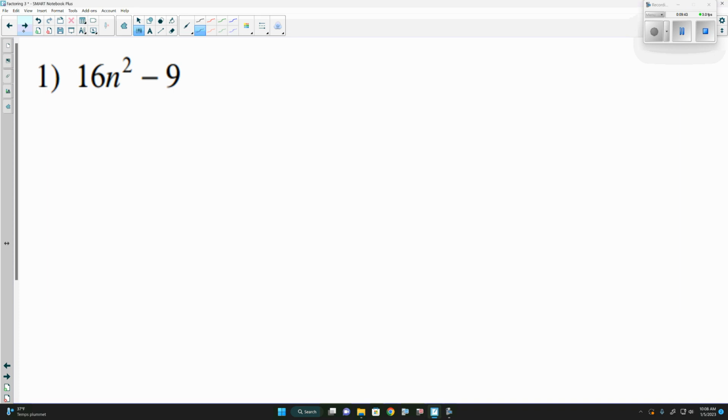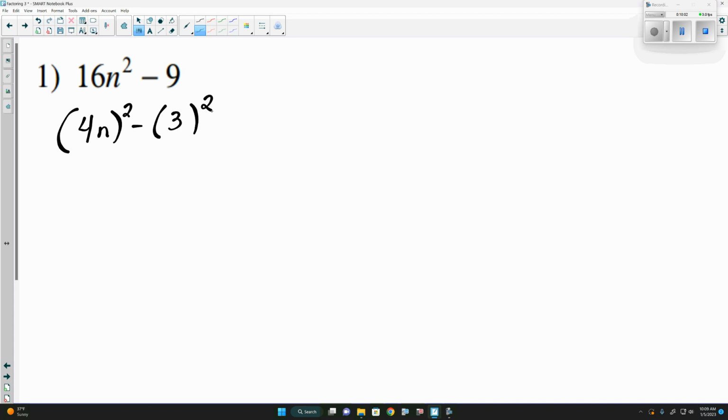16n squared minus 9. Is 16n squared a perfect square? What times itself is 16? What times itself is n squared? What times itself is 9?